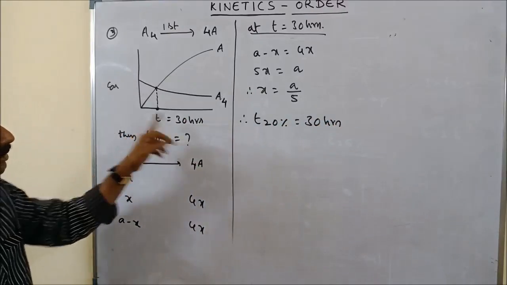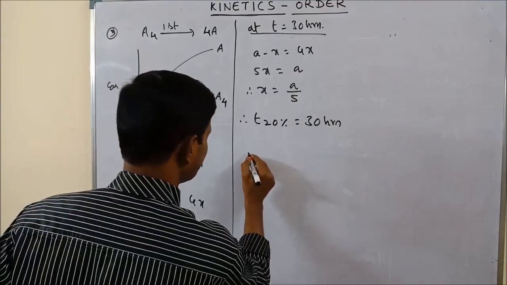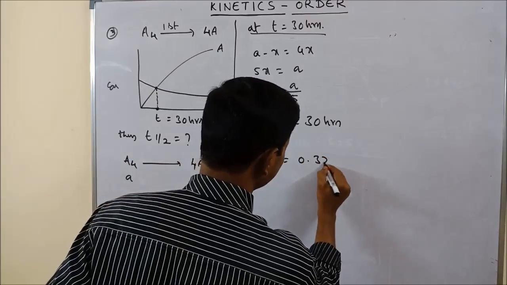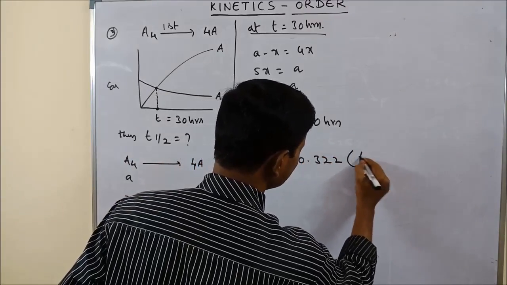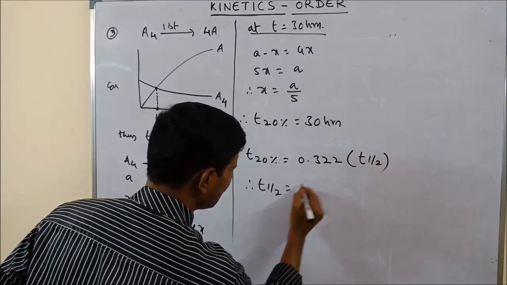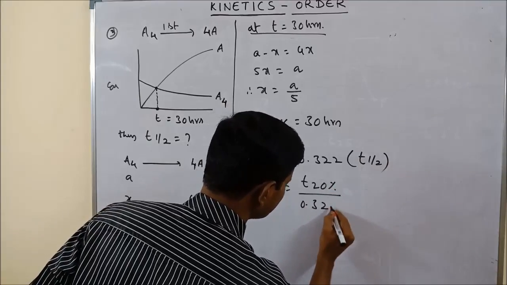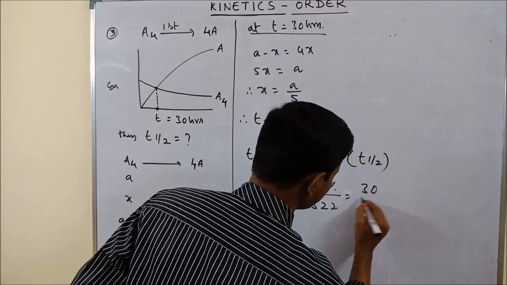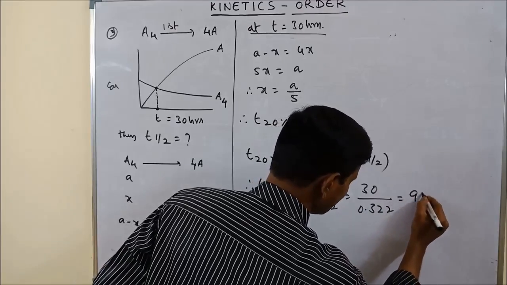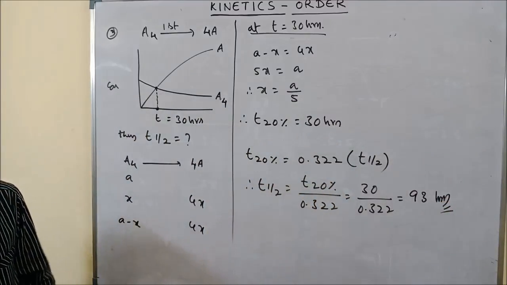So this time is 30 hours, but we require T half. Previously we observed one relation: T 20% equal to 0.322 into T half. Therefore T half equal to T 20% by 0.322, which means 30 by 0.322. It is approximately 93 hours.